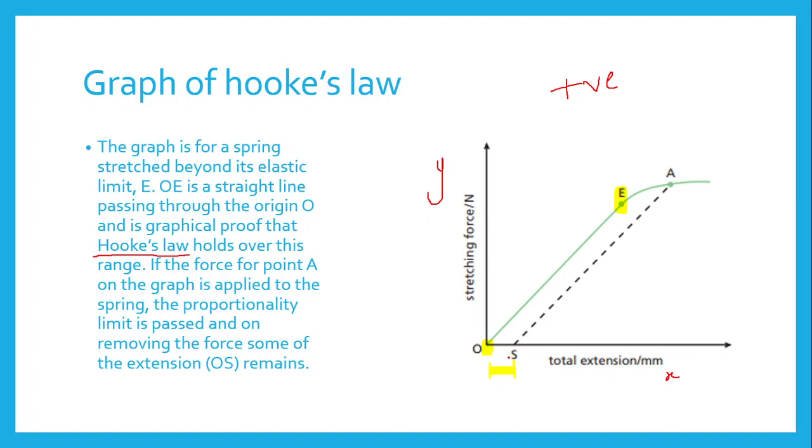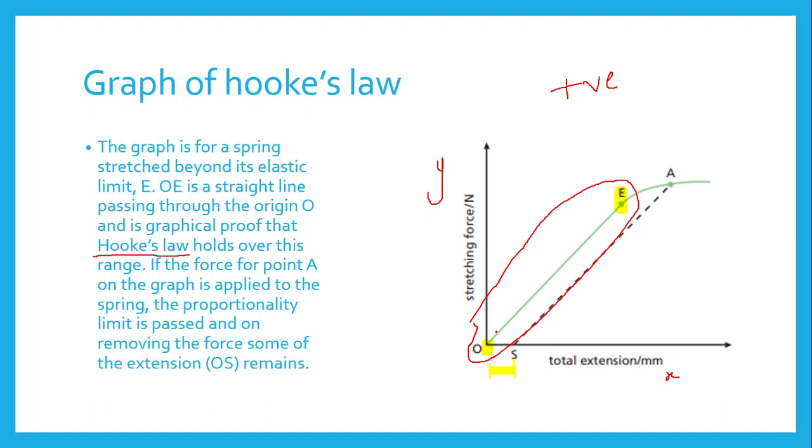Now this line stays straight till only point E, and it starts to bend and get into a plateau-like shape after point E. So Hooke's law does hold true till point E. This is the point where Hooke's law holds true.